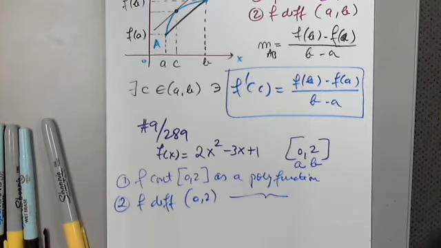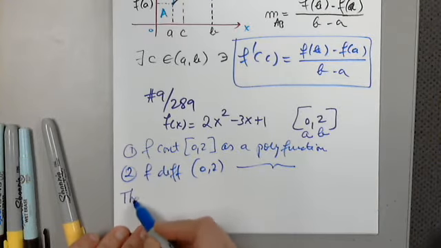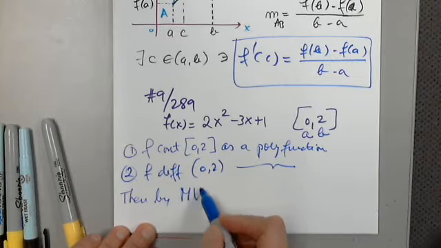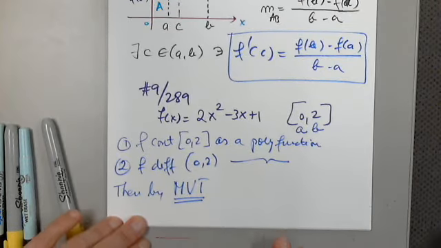For the same reason, it is differentiable everywhere. Would you agree? So then there is a c guaranteed by the mean value theorem, MVT.